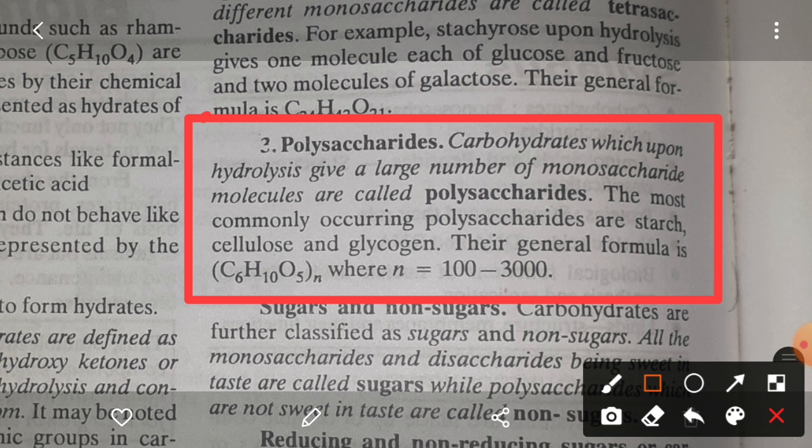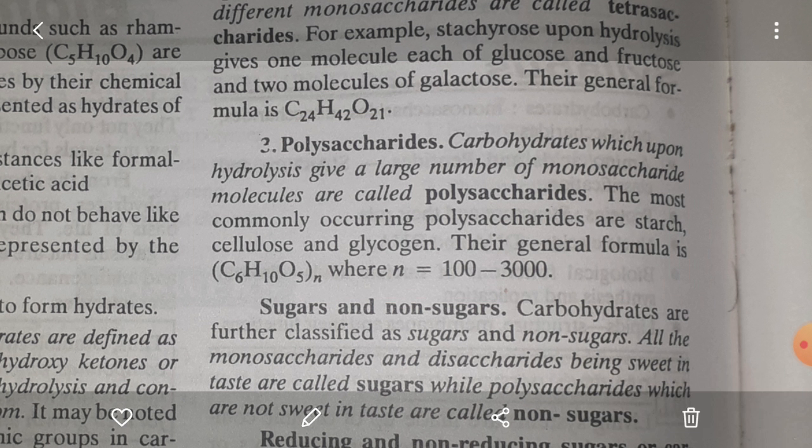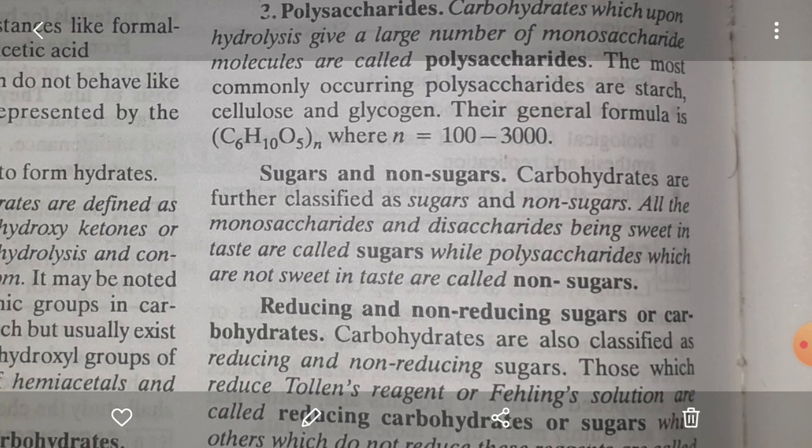Commonly known polysaccharides are starch, cellulose, and glycogen. These are the examples of polysaccharides. So the carbohydrates are classified on the basis of saccharide units: monosaccharide, oligosaccharide, polysaccharide. This is one of the classifications.